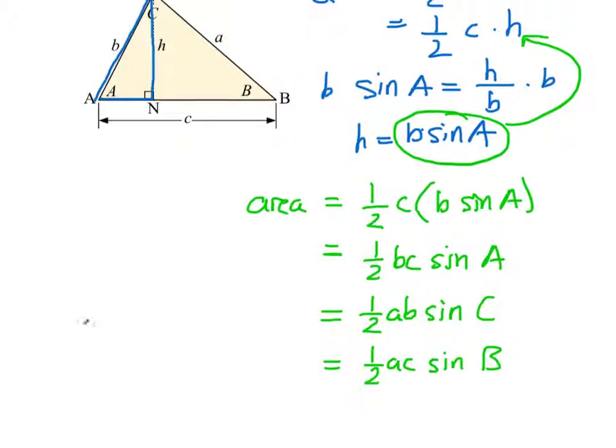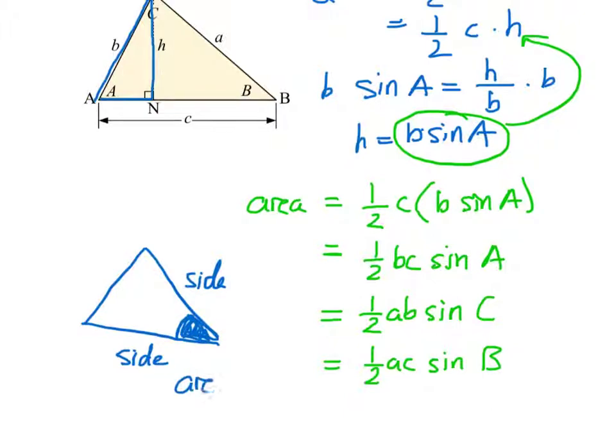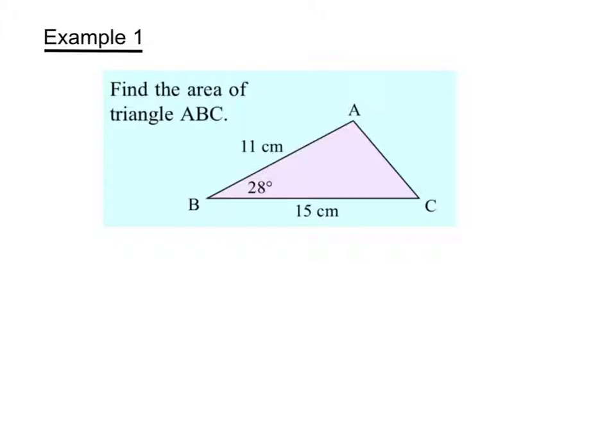So to quickly recap, if I have a triangle and I know two sides, and I know the angle between those two sides, then I can find the area using one of these three equations. So let's take a look at an example.